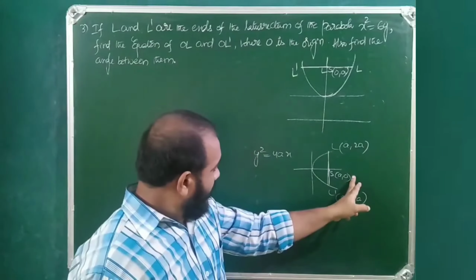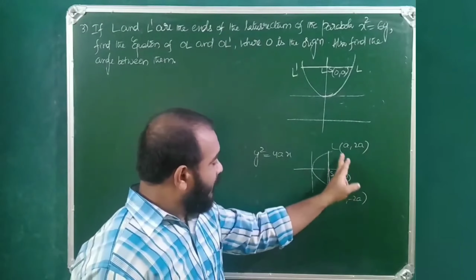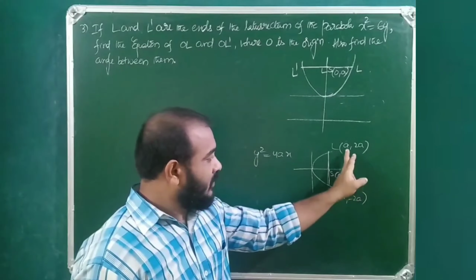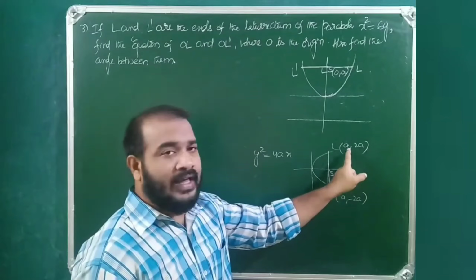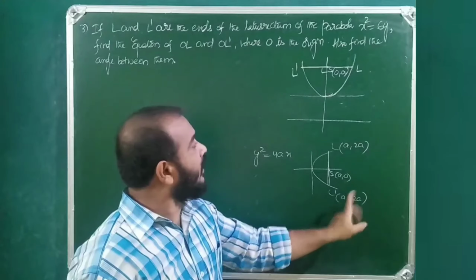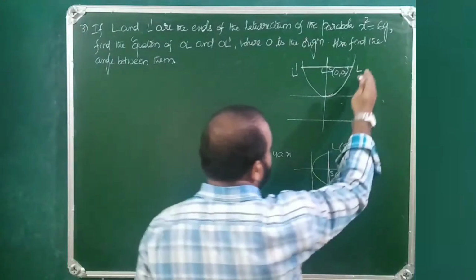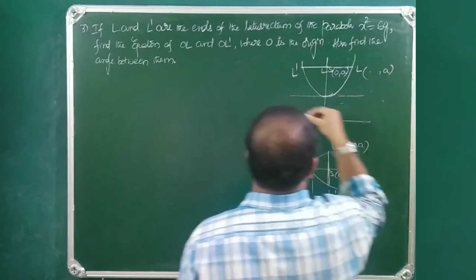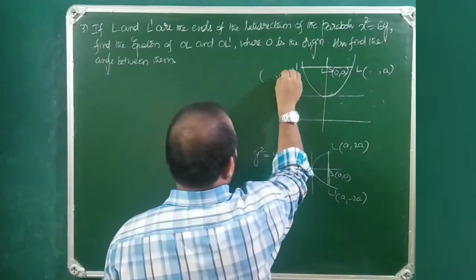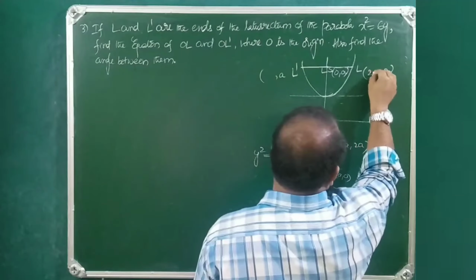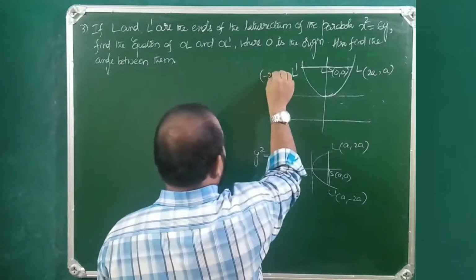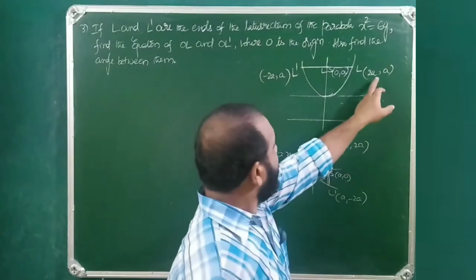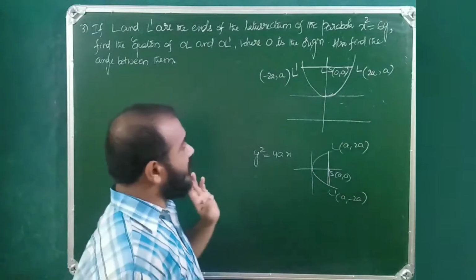This parabola is symmetric about the x-axis, lying in the first and fourth quadrants. Here it lies in the first and second quadrants, so the coordinate is going to be the same: this is 2a and this is minus 2a, because it is the first quadrant and second quadrant.